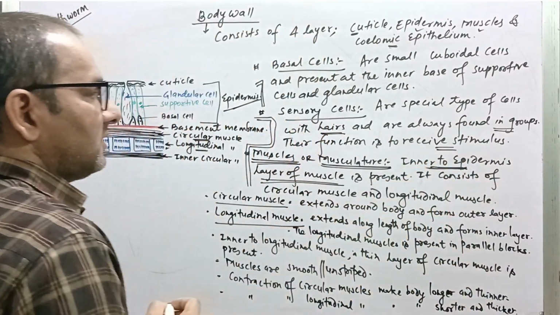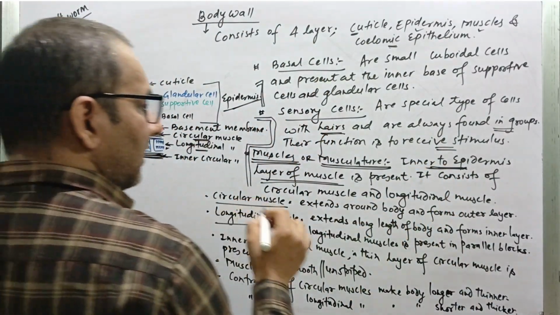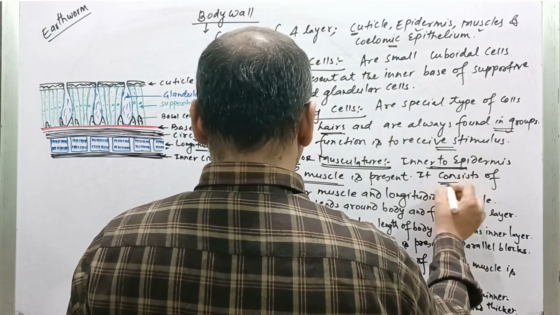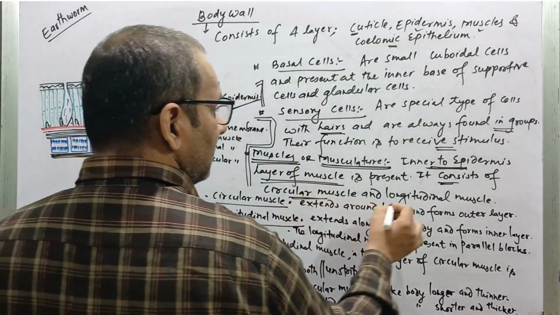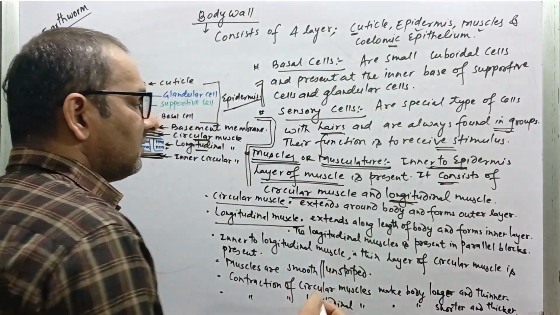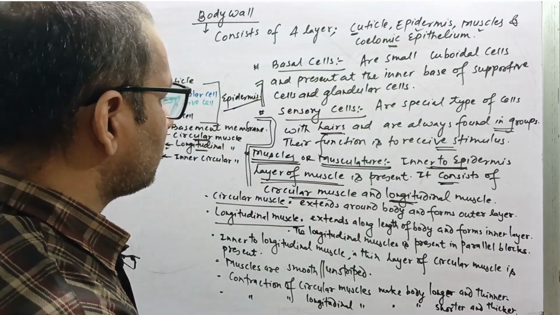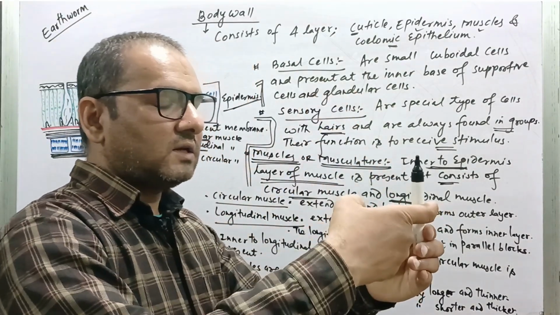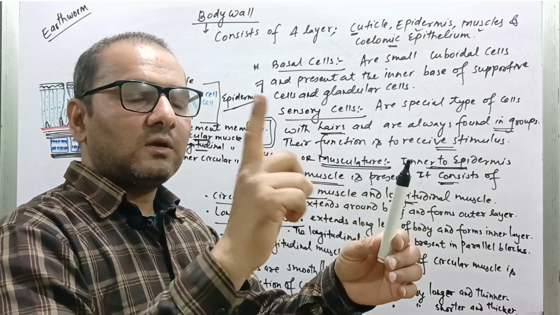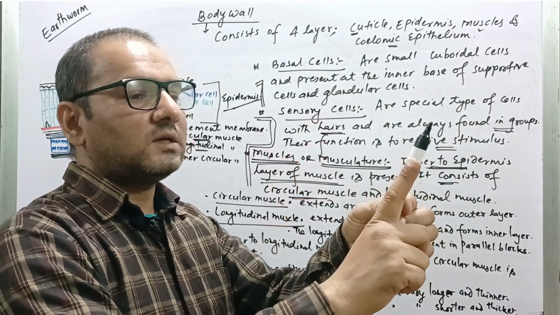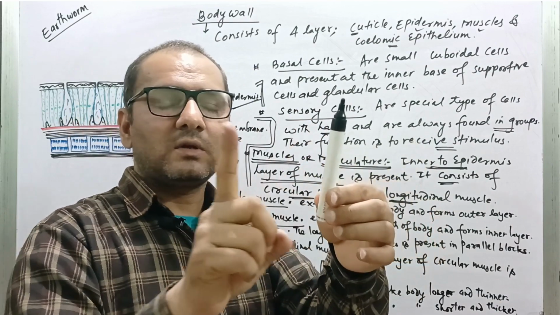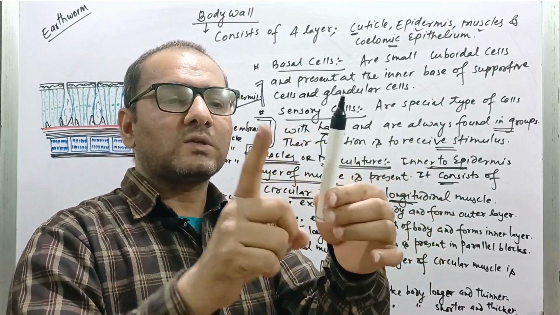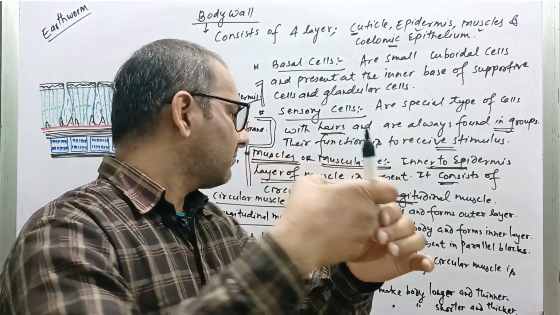The layer of muscle consists of circular muscle and longitudinal muscle. The circular muscle fiber extends around the body, while the longitudinal muscle fiber extends along the length.